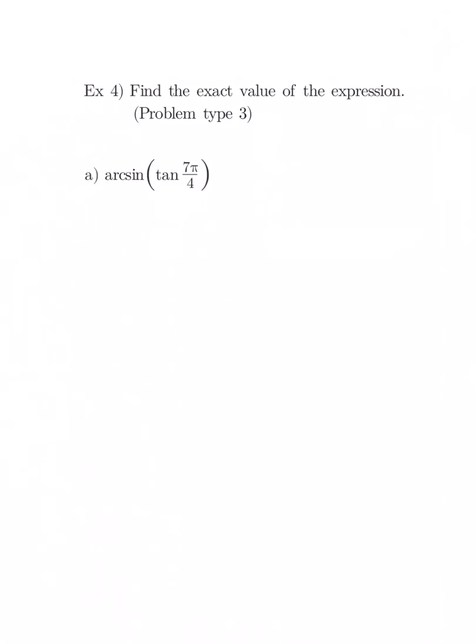On this one, the inside part is tangent of 7 pi over 4. So use your unit circle, find the tangent of 7 pi over 4. Well, tangent of 7 pi over 4 equals -1. So now what our problem becomes is arc sine of -1.